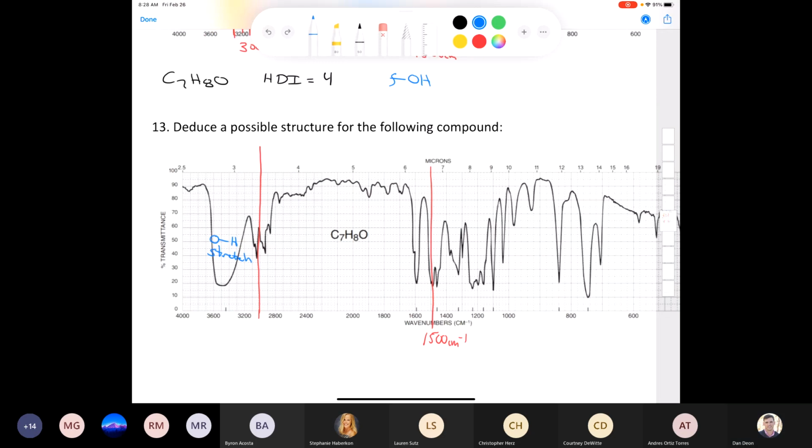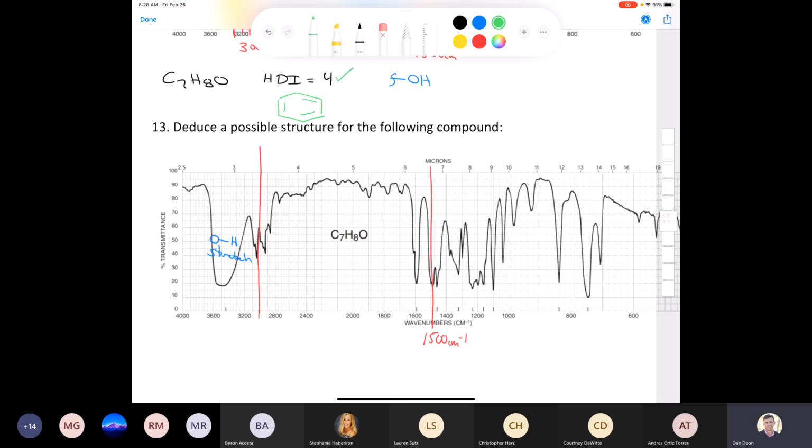Well, when you have 4 units of unsaturation or more in this class, where I like to go is if you look at your sheet and you look down, it says alkane, alkene, alkyne, what's next? Aromatic. So what it tells you is that at 1600, you have carbon-carbon double bond ring stretching, right? Because with an HDI of 4, if you have an aromatic ring, you've got a ring and 3 double bonds. So that would cover all of it.